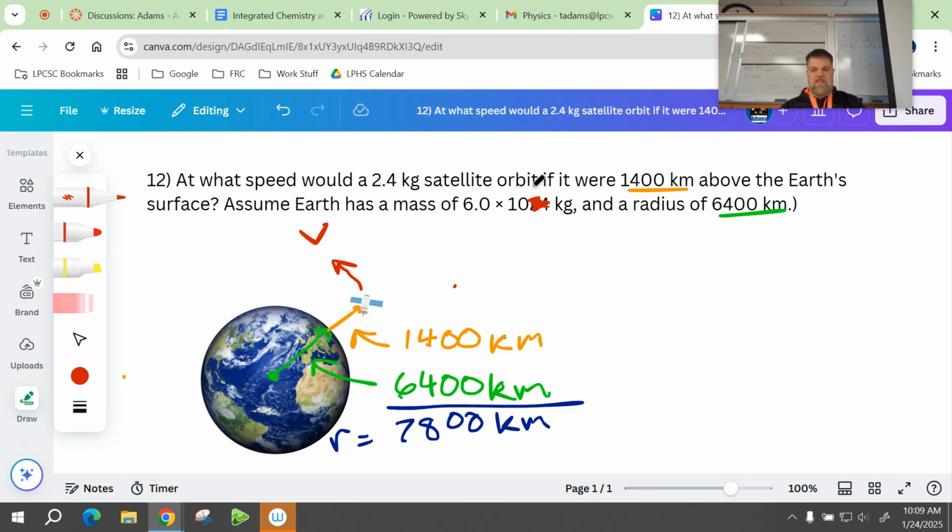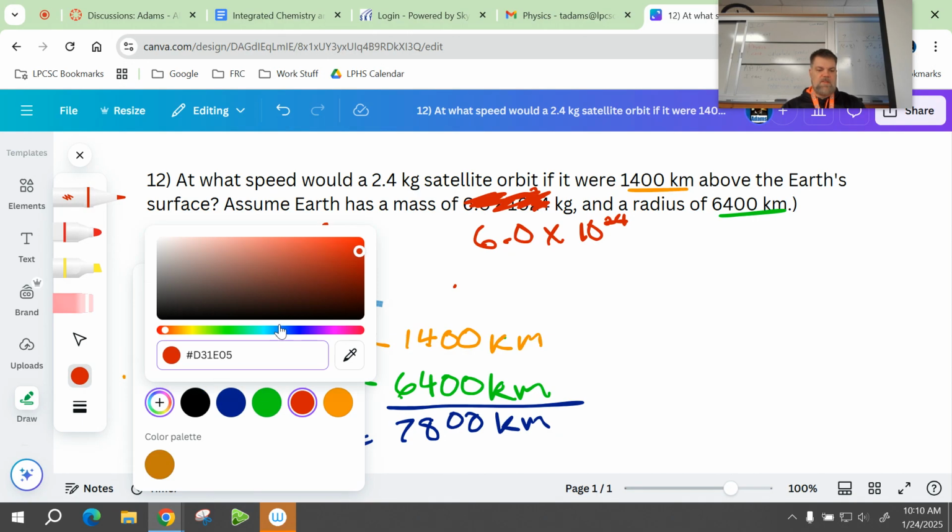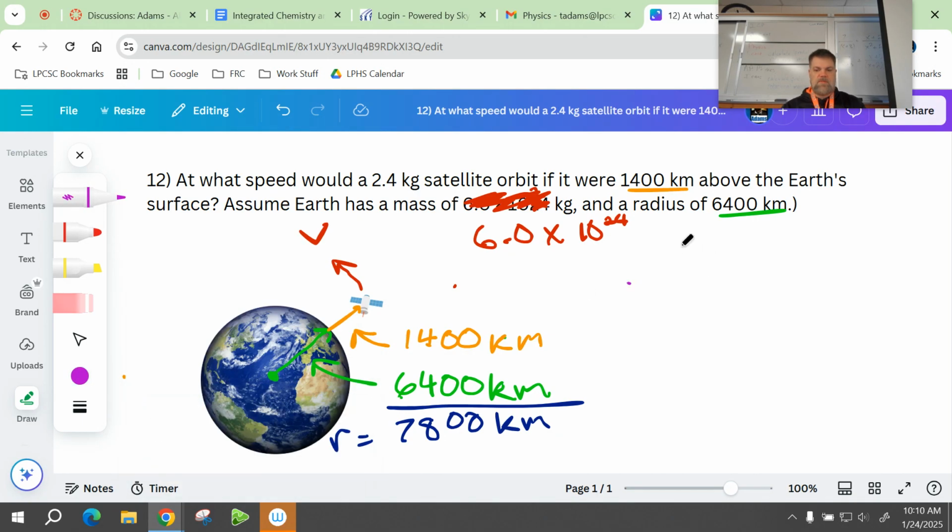It's actually 10 to the 24. That's how it should look on your screen; it's just when I copied and pasted it. All right, so that's the mass of the Earth. Let's pick a different color, how about purple? So the mass of the Earth is 6.0 times 10 to the 24 kilograms.